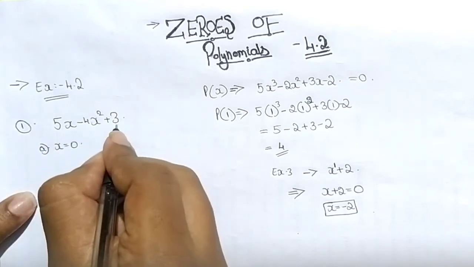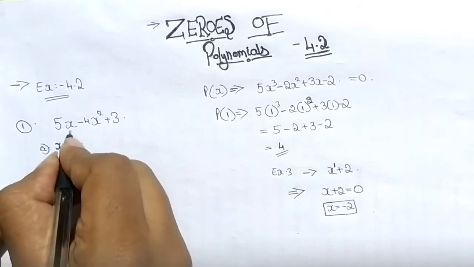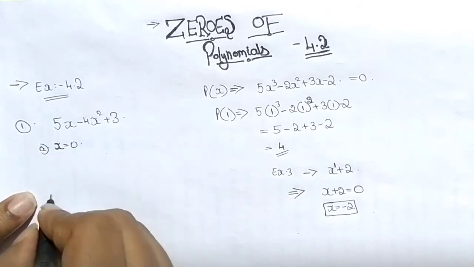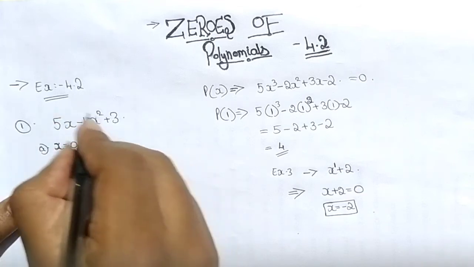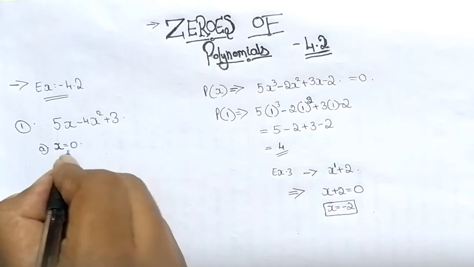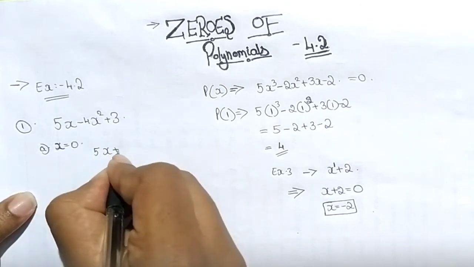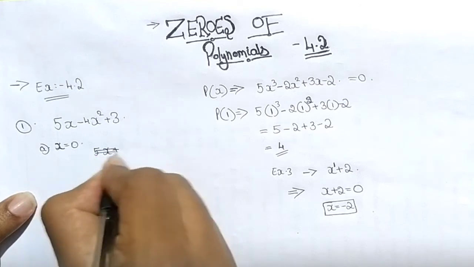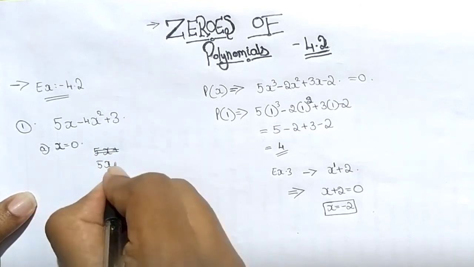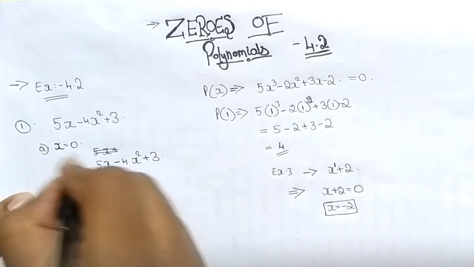At x equal to 0, in the sense we need to substitute 0 in the place of x. So what will be the answer on simplifying? Let me write it again: 5 into x minus 4x square plus 3.